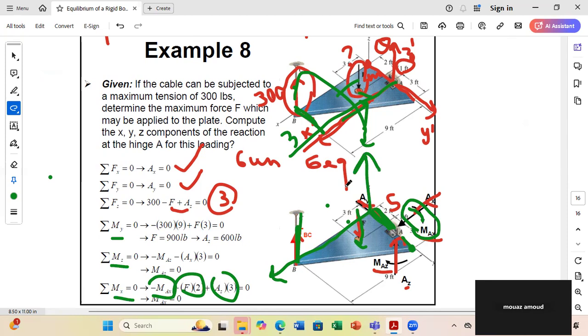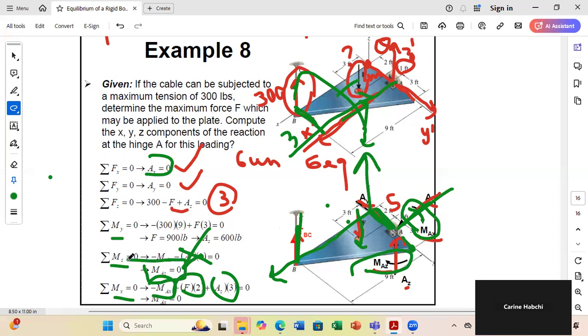But I just have the moment of AX to consider. But we have AX equal 0 from the previous step, so this moment will cancel out. And don't forget to consider the couple in Z. I have plus MAZ. So from sum MZ equal to 0, I deduce that couple MAZ is 0.